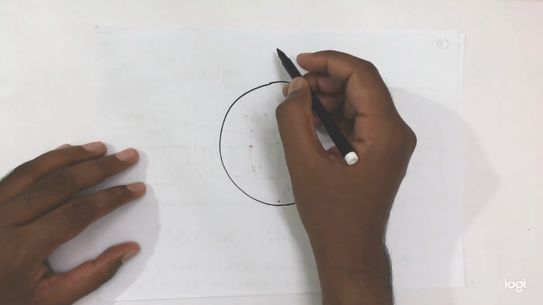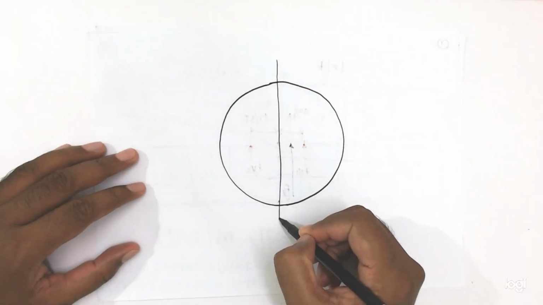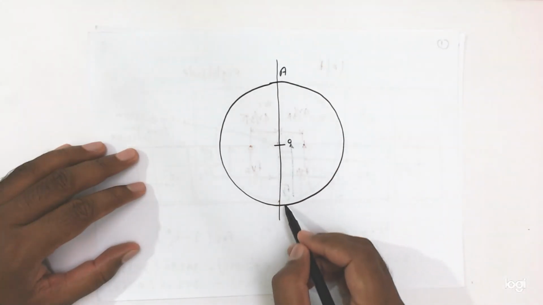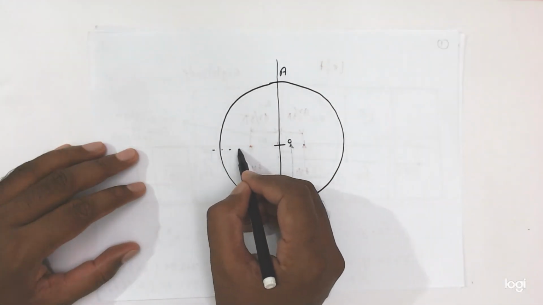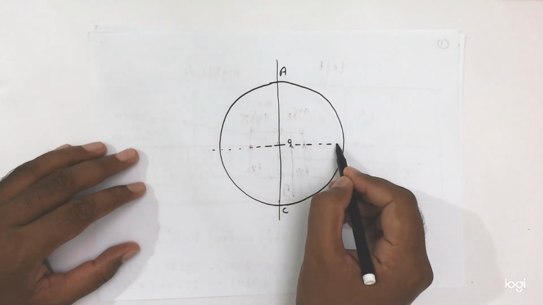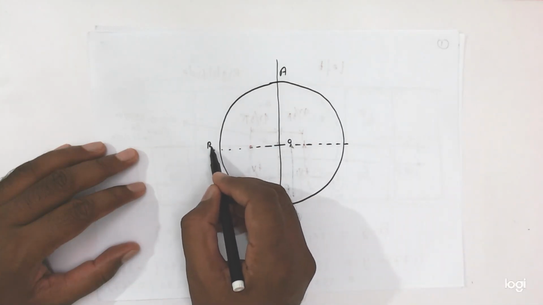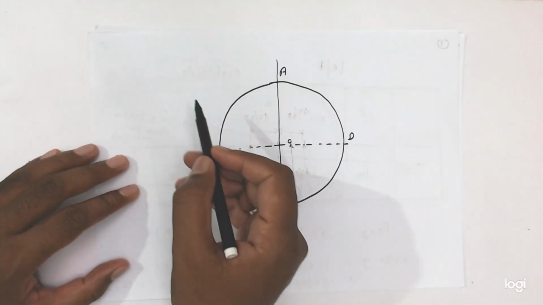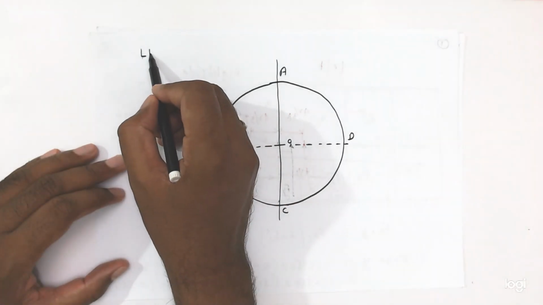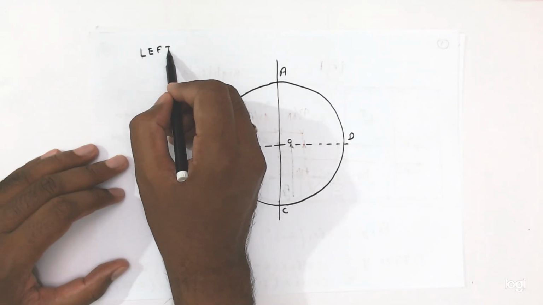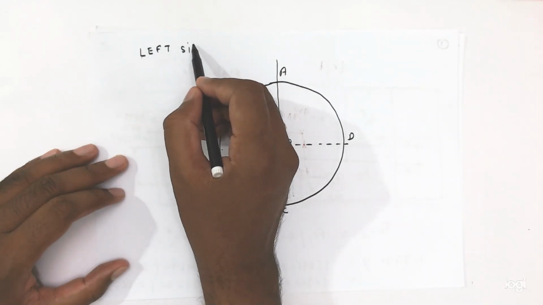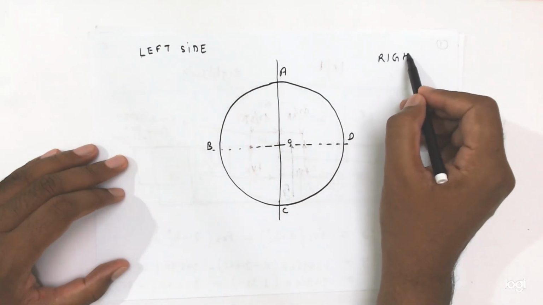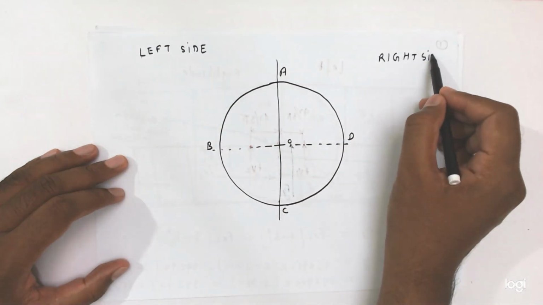Okay friends, so this is the half, this is the AOC, this is point B and this is point D. Now half part means this is the left side and this is the right side.